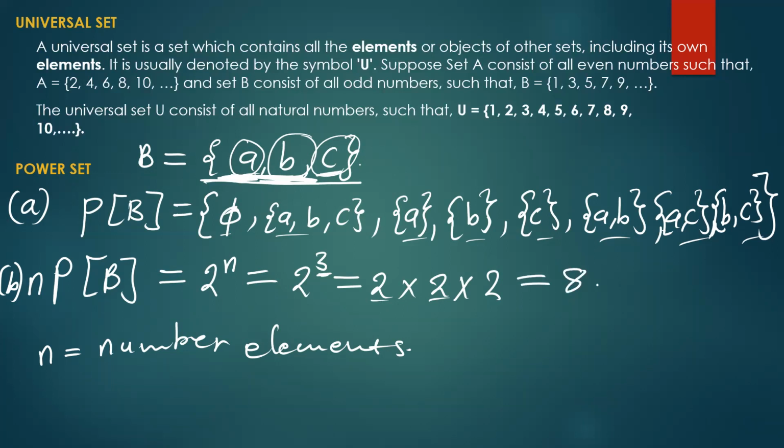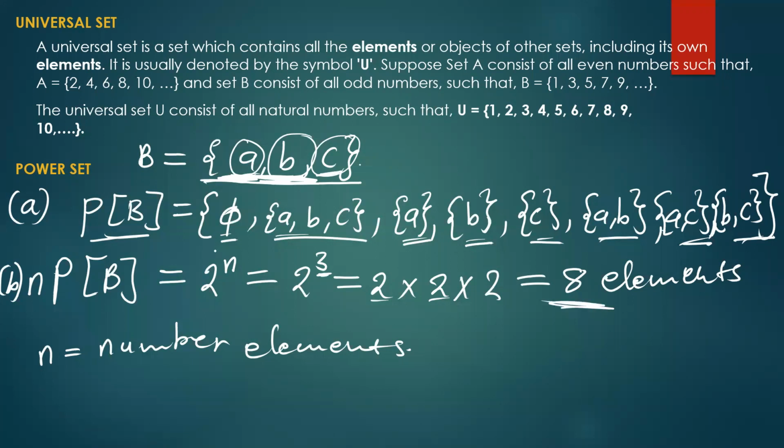So this implies that we have 8 elements in the power set of B. So let us try to prove if it's true we have 8 elements. We have 1, 2, 3, 4, 5, 6, 7, 8. So it's true, we have 8 elements in the power set of B.